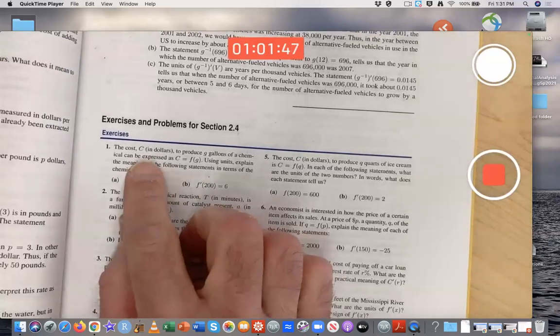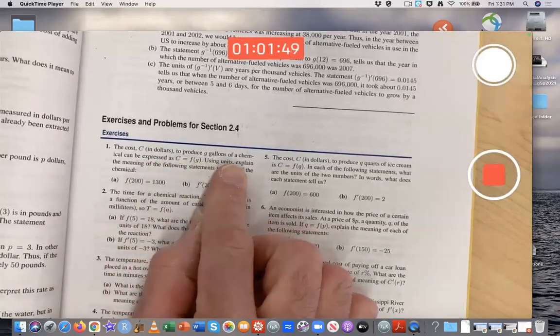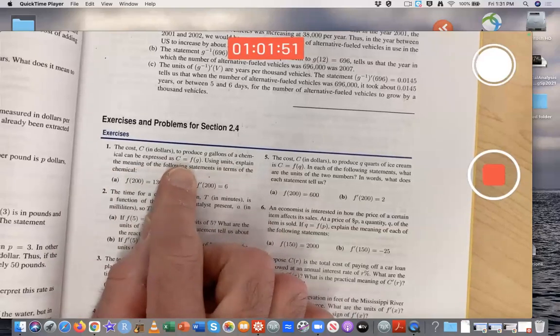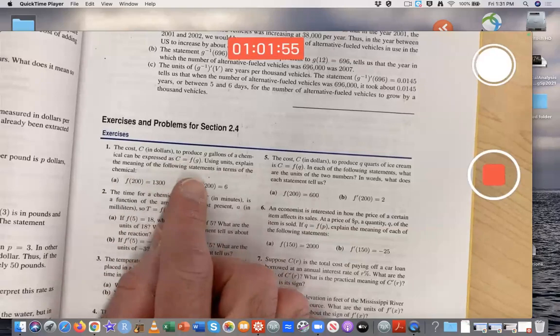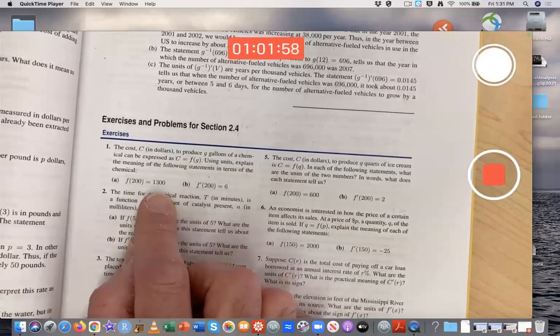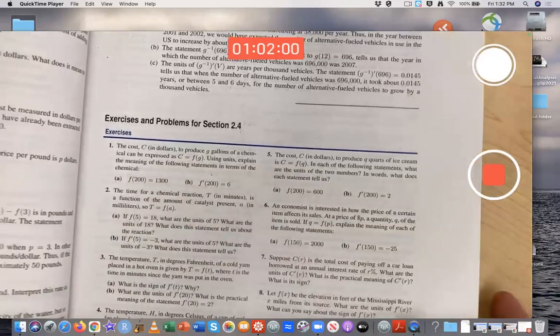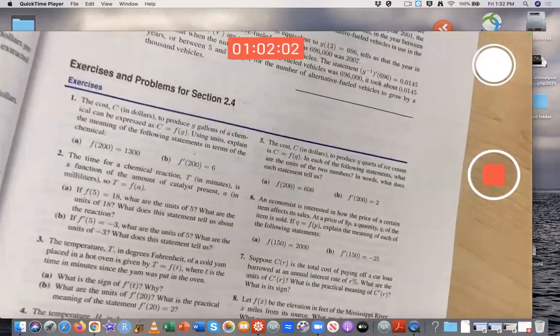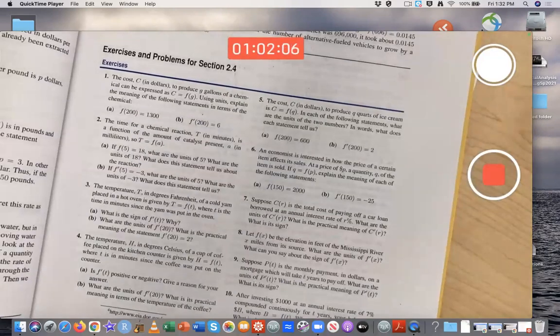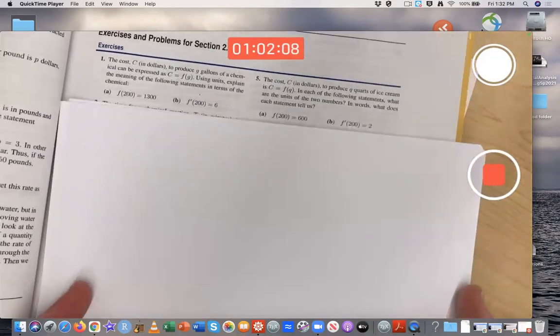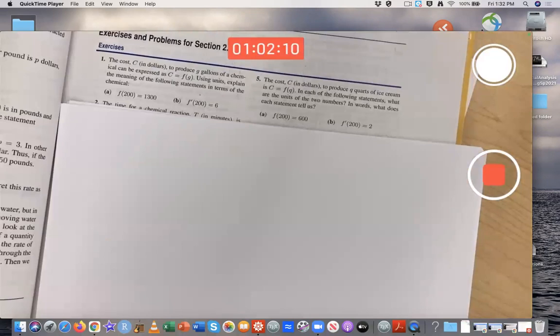The cost C in dollars to produce G gallons of a chemical is a function. Using units, explain the meaning of the following statements in terms of the chemical. Use your imagination here, but also use your common sense. So it's a manufacturer producing a chemical.